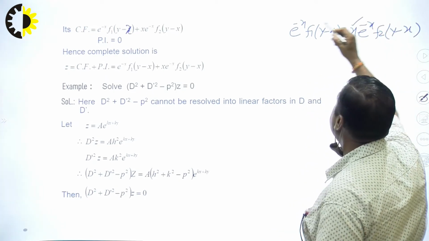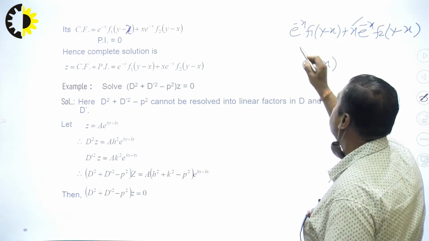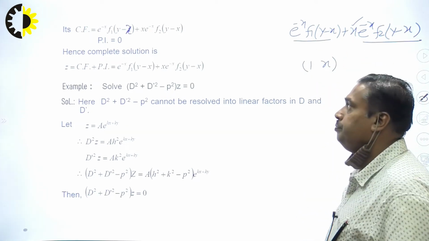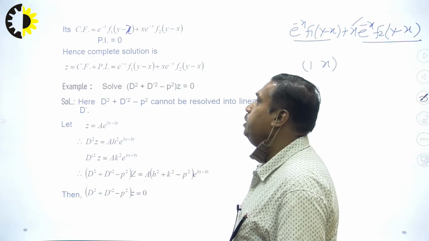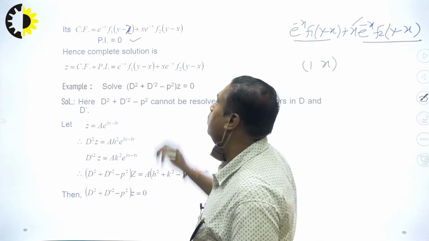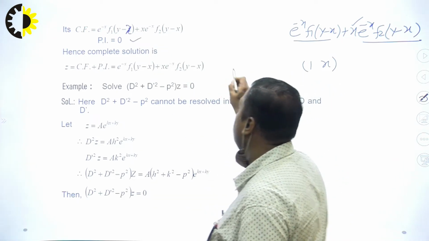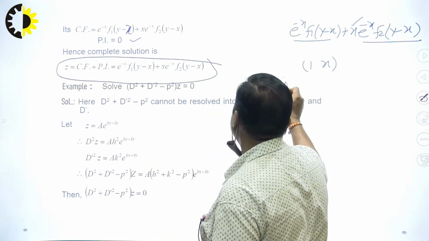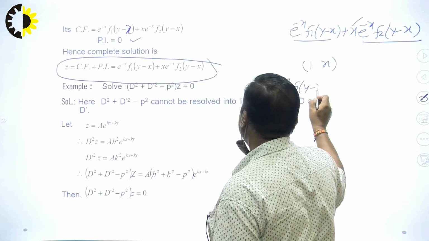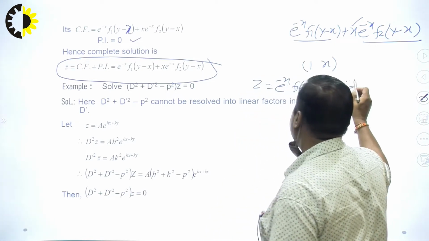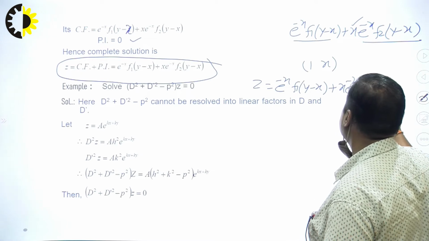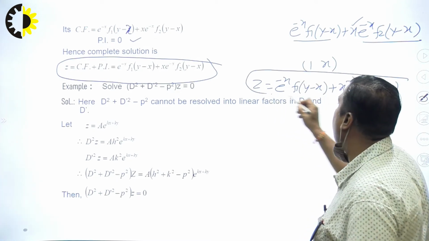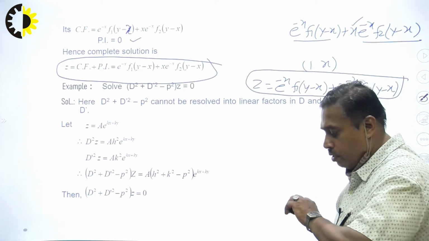We multiply by x since the factor is repeated, and on the right hand side there is no function, so PI is equal to 0. Therefore the complete solution becomes z = e^(−x) f1(y − x) + x e^(−x) f2(y − x). That is the complete solution, because here PI is equal to 0.